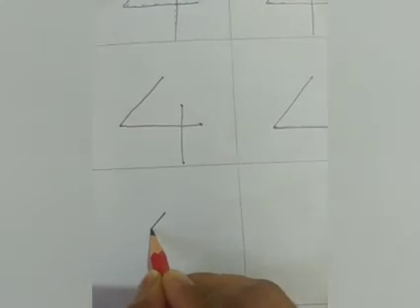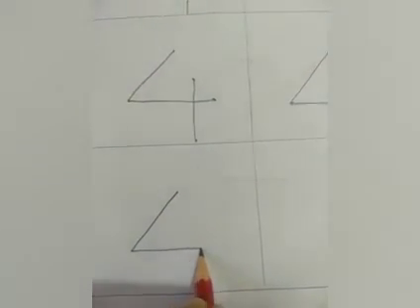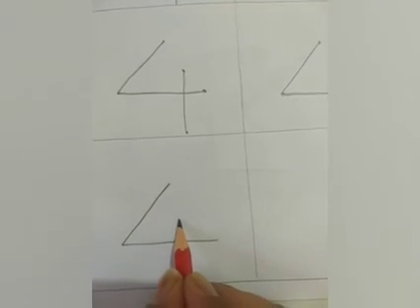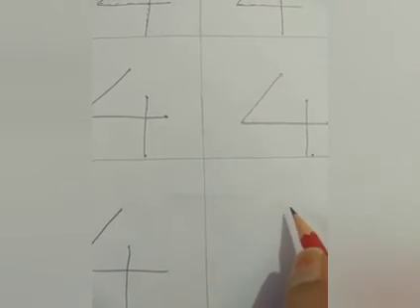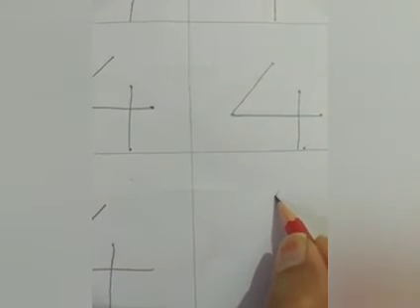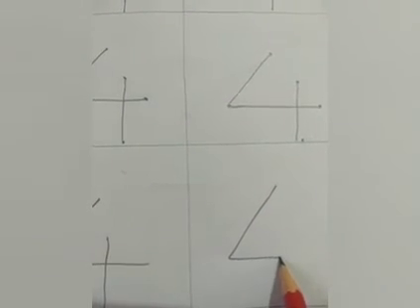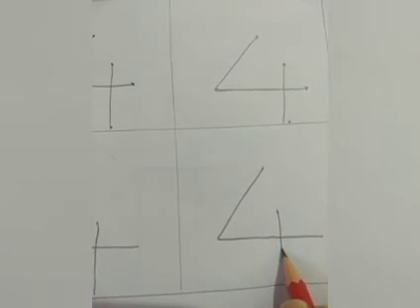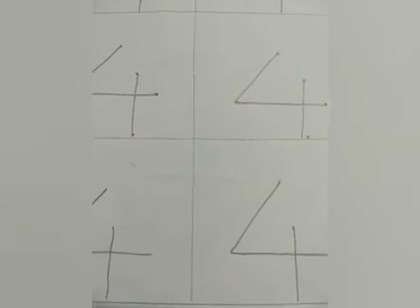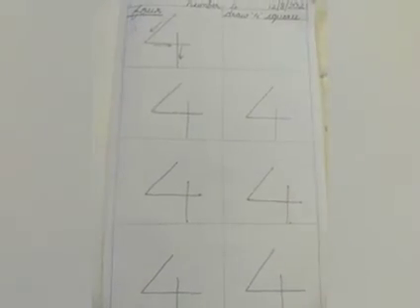So we start with a slant line down, then a sleeping line and cut it with a straight line coming down. Once more. Slant line coming down, join it with a sleeping line and cut it with one straight line down. Yes, so this is the way we write number 4.